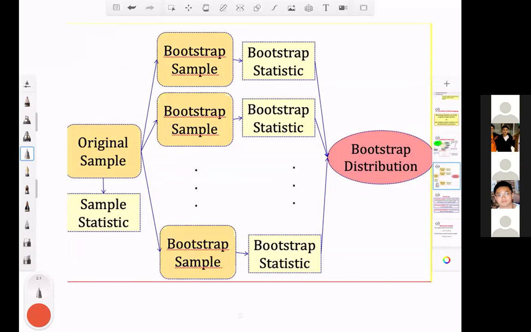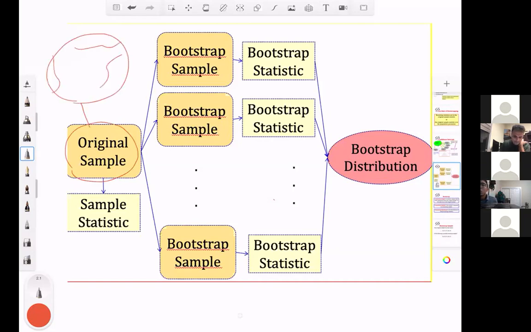We're all trying to come up with some conclusion for the population. But here there is no picture of the population. We only have the original sample. This original sample comes from a big population, like the average height of the entire Earth. So we take the original sample, which is only one.